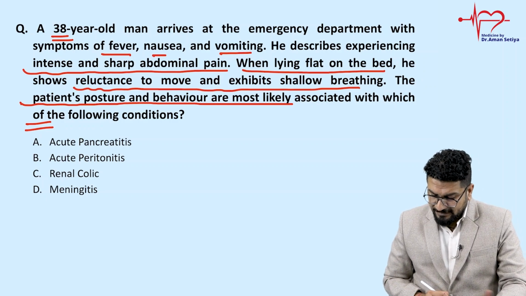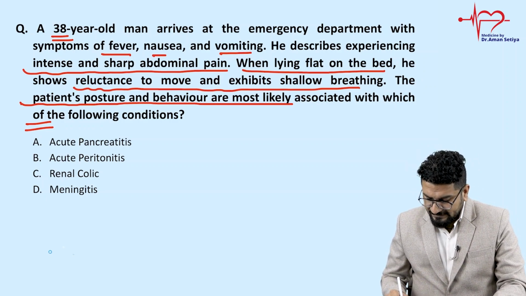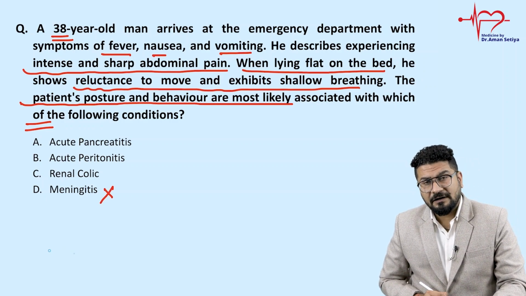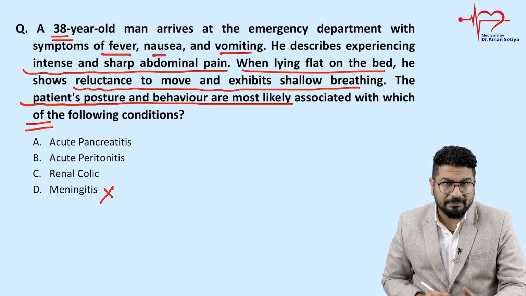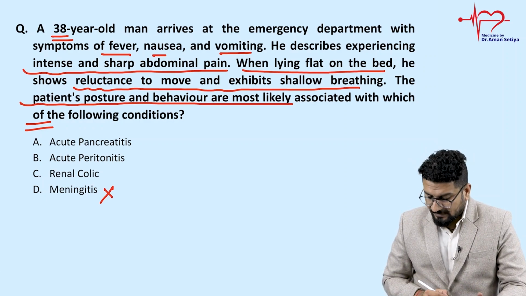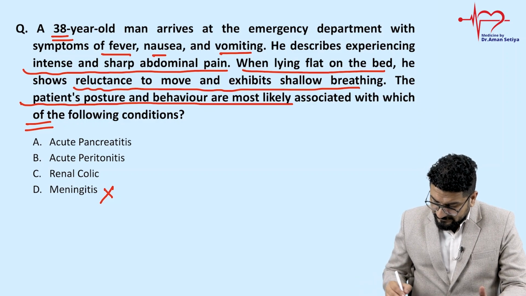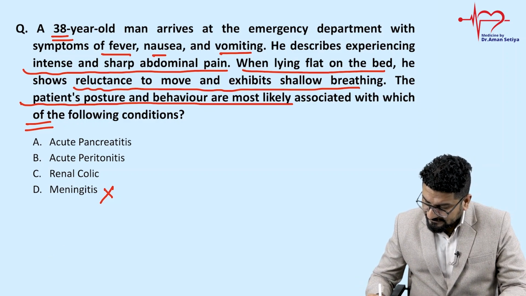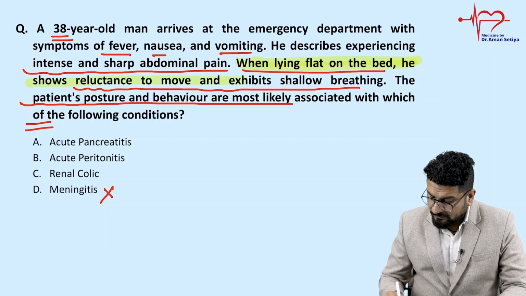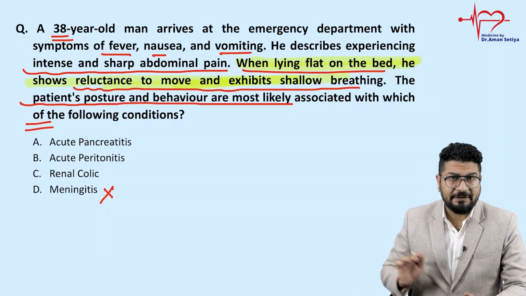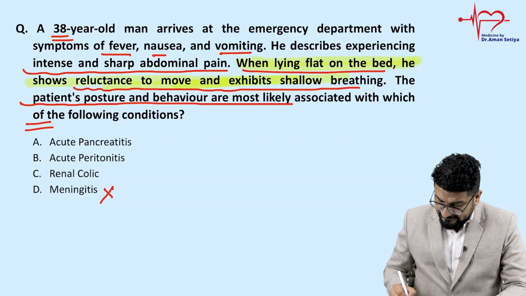So understand this, it's an abdominal pain, so there is no point of having meningitis as diagnosis. Renal colic pain will be intense, but this will move towards the tip of the penis, sometimes in female patients towards the vulva. That is not mentioned. So the hint in the MCQ is that even lying flat on the bed, he doesn't want to move because he is having intense pain.